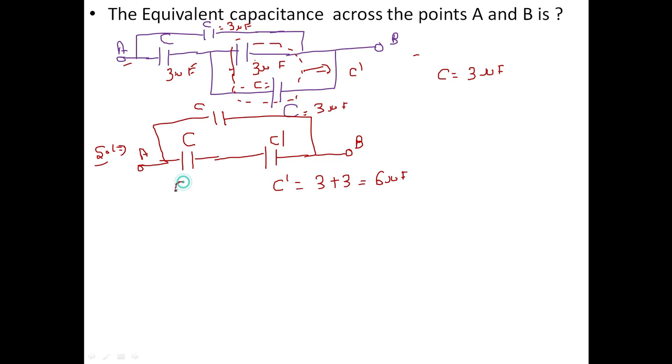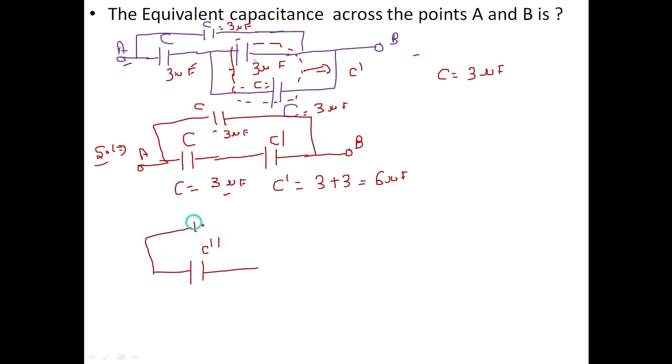And this C is 3 microfarad, and this one again is 3 microfarad. Now the equivalent circuit is this 3 and this 6. This is again C double dash.